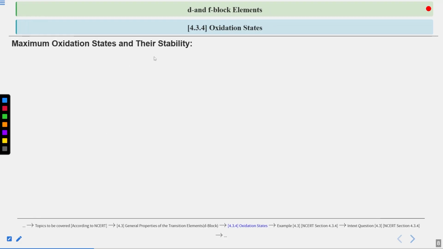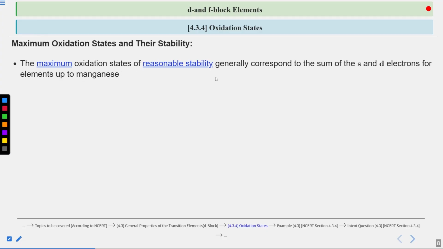Maximum oxidation states and their stability. The maximum oxidation states of reasonable stability generally correspond to the sum of s and d electrons for the elements up to manganese in the 3d series.